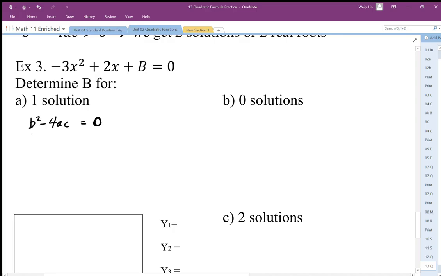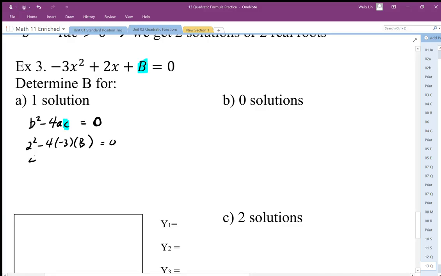When I plug these in, I get 2 squared minus 4 times a times c, where we're going to use b as the c value. Then we make that equal to 0 and solve for b.